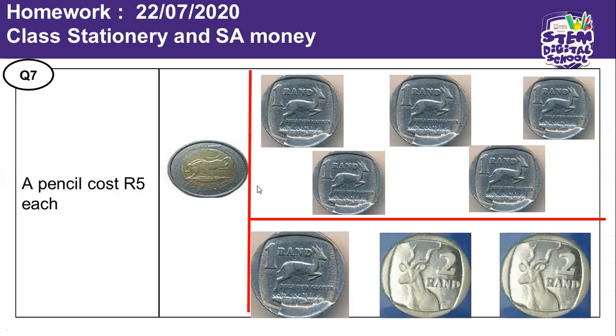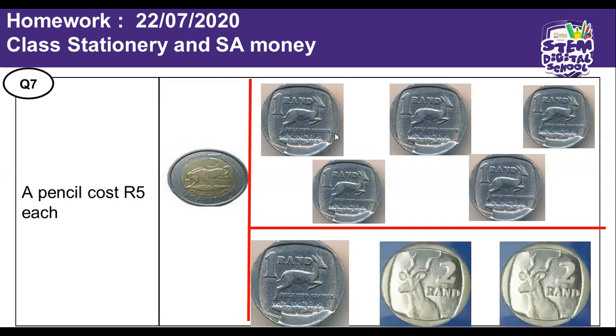Samara? Oh, Reese, I see. Yes. Abongiwe, how else would you pay? I will pay 2 rand.